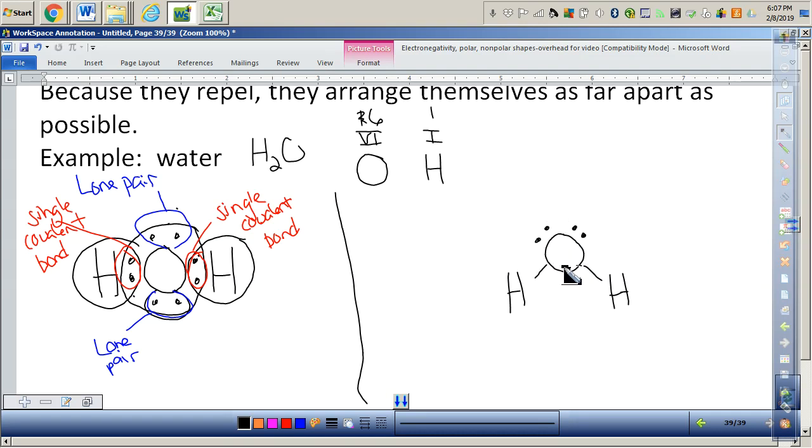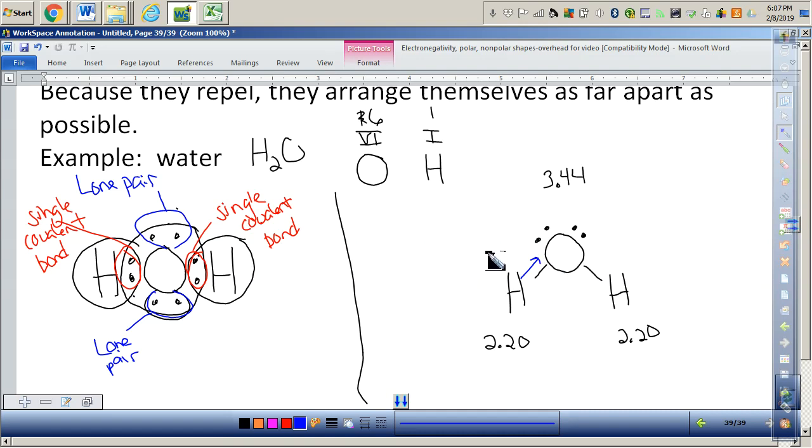Okay, because it has this bent shape, and I know that oxygen's electronegativity is 3.44, and hydrogen's electronegativity is 2.2, within this bond, because oxygen has the higher number, oxygen pulls on the electrons more.